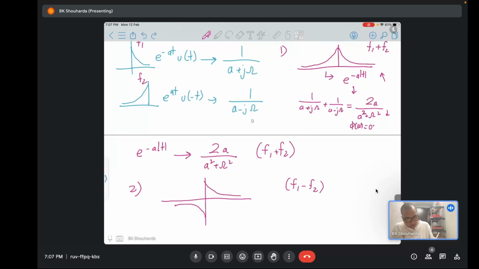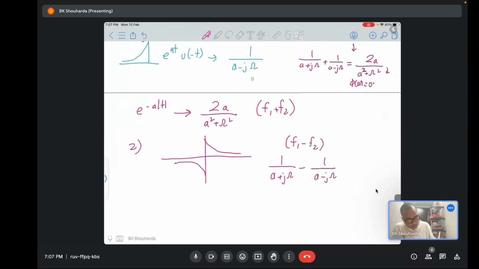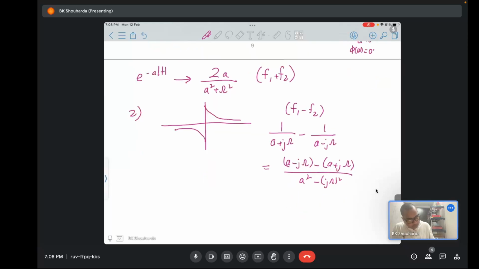So what will its transform be? 1 upon a plus j omega minus 1 upon a minus j omega, which is a minus j omega minus a plus j omega over a square minus j omega whole square, that's minus 2 j omega over a square plus omega square.